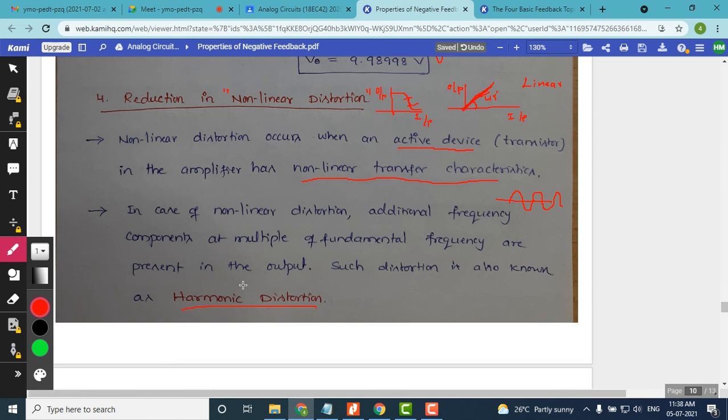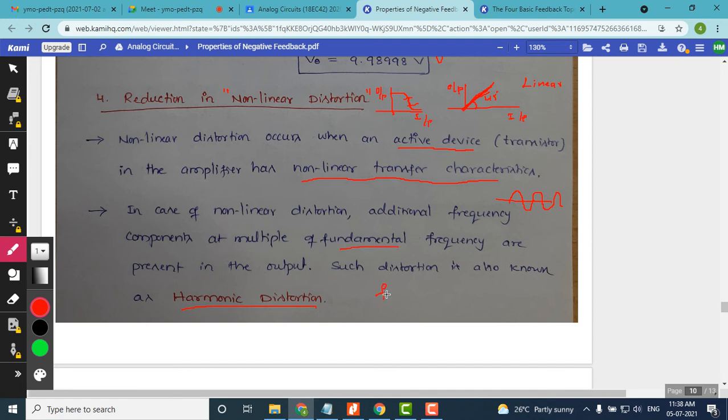Probably you might have seen harmonic series in your mathematics, right? Arithmetic progression, geometric progression, harmonic progression. Similarly, here we have harmonic distortion. Harmonic means the distortion whose frequency is a multiple of the fundamental frequency.